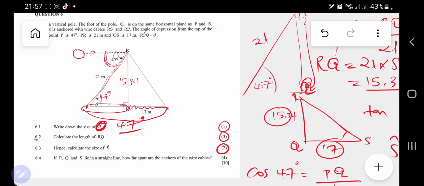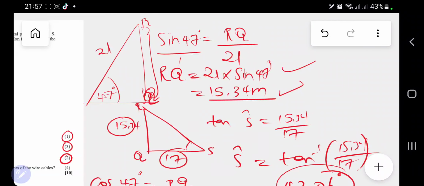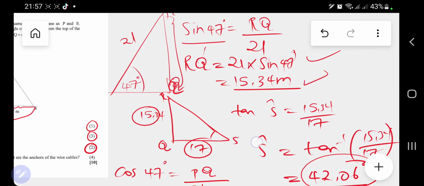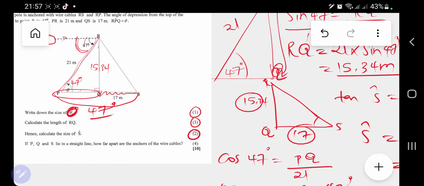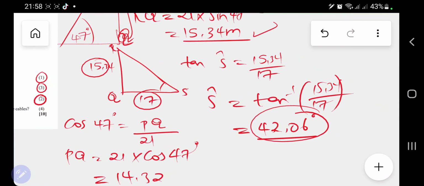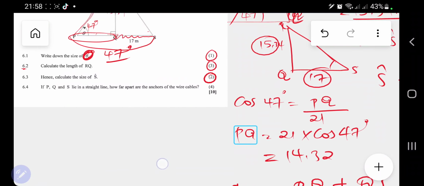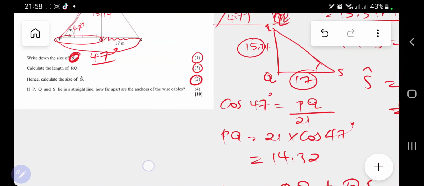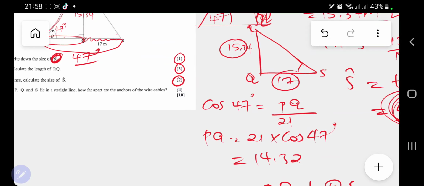Calculate the length of RQ, and we did. The length of RQ is that one. It's correct. And then number 3, hence calculate the size of the angle S. It's the angle here. We did, which is going to be 42.06 degrees. And then lastly, the question says, if P, Q, and S lie in a straight line, how far apart are the anchors of the wire cables?